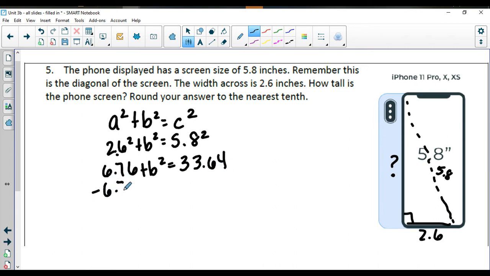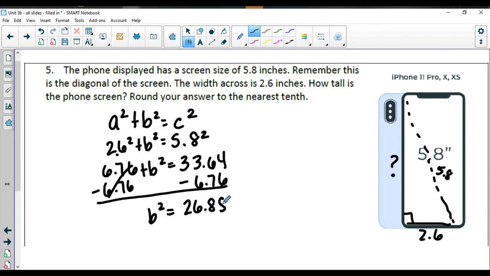I'm going to go ahead and subtract the 6.76, and we get b squared equals 26.88. I'm going to go ahead and take the square root on both sides, and I'm going to get that b is equal to 5.18.